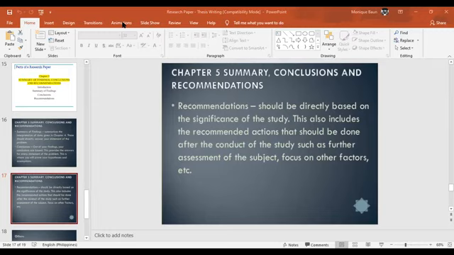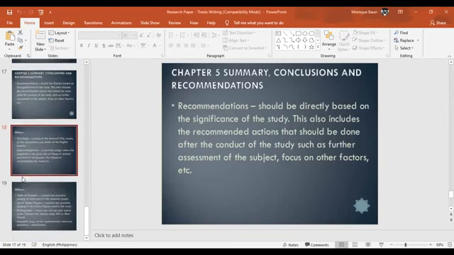That is the purpose of recommendation. And of course, you have to provide recommendations based on the result of your study. So that is the end of chapter 5.